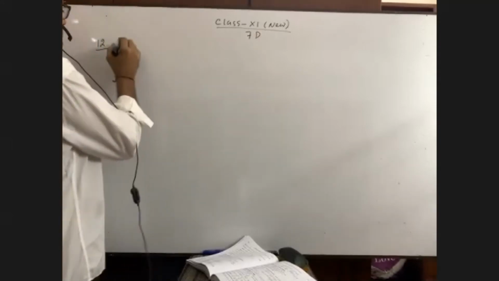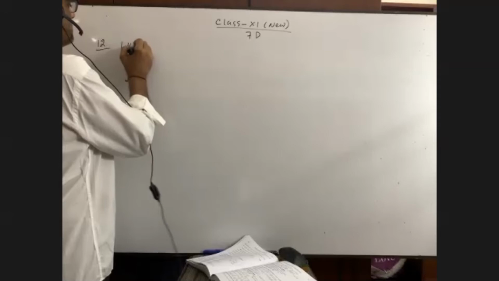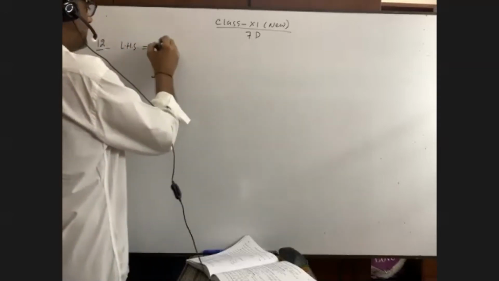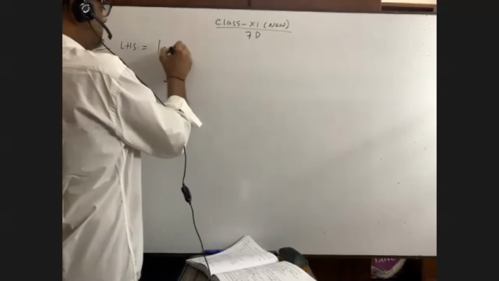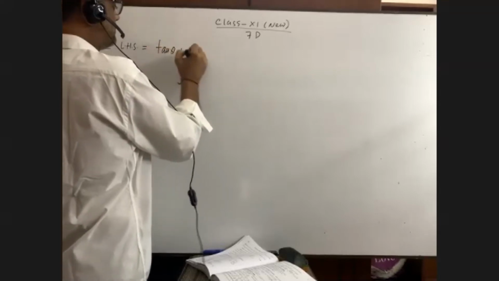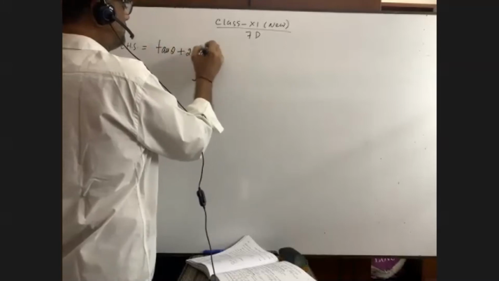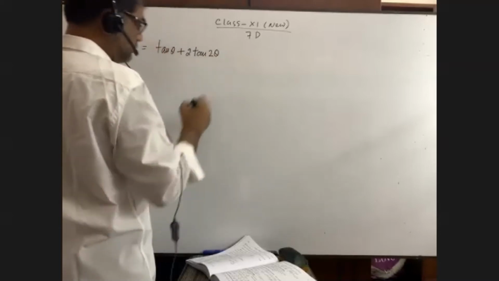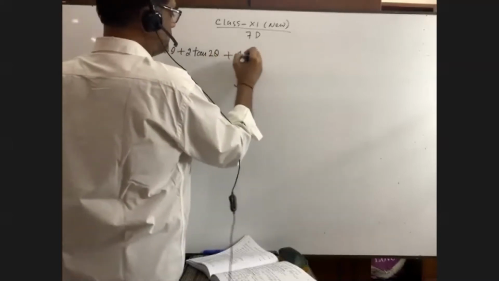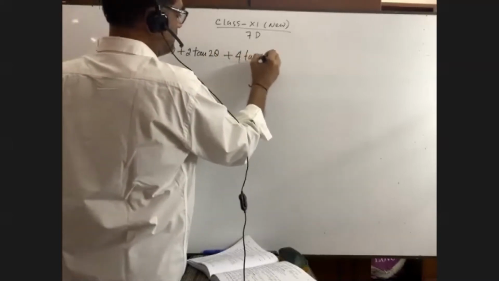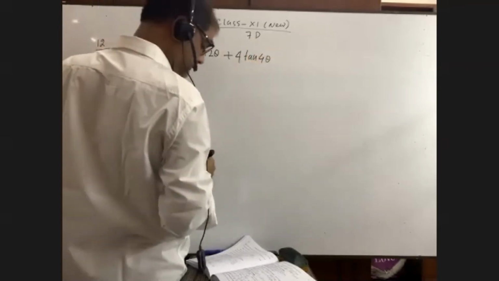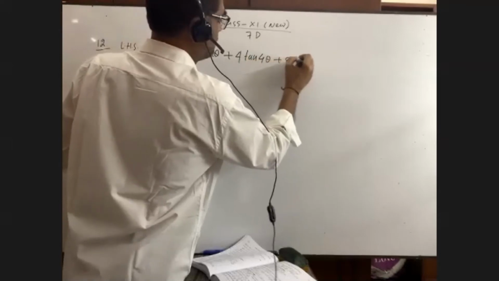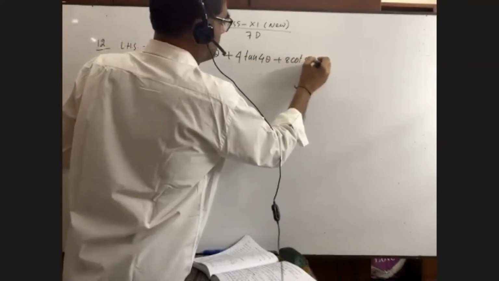Left hand side: tan theta plus 2 tan 2 theta plus 4 tan 4 theta plus 8 cot 8 theta.